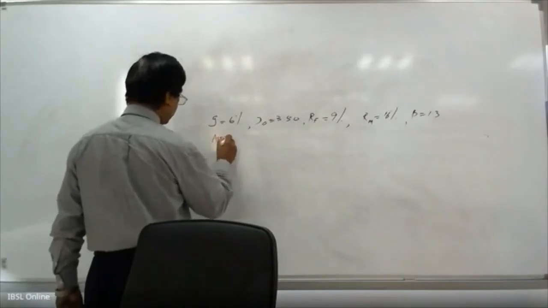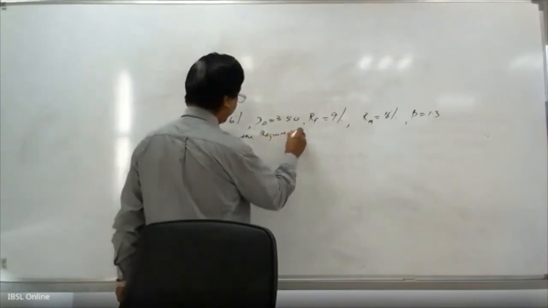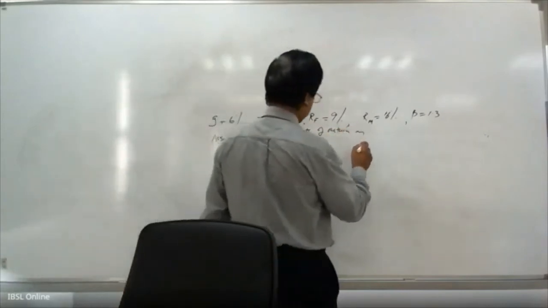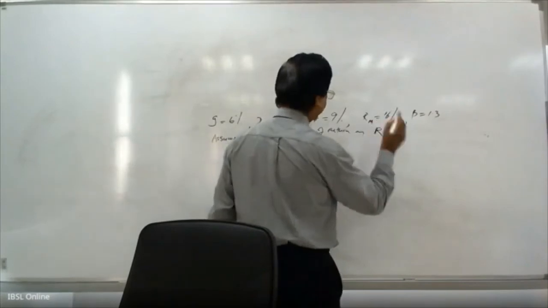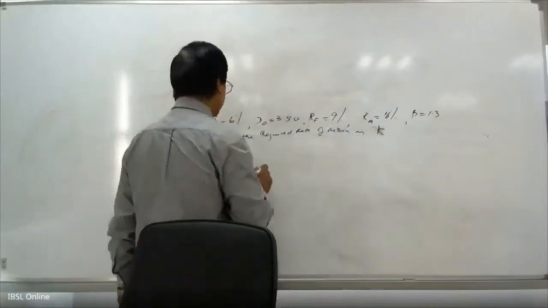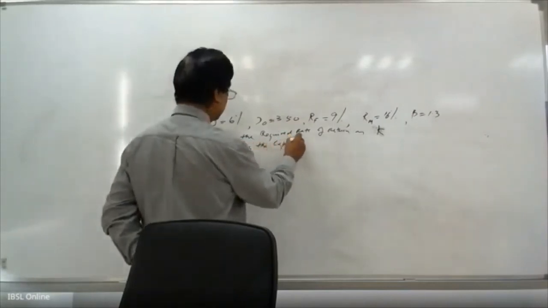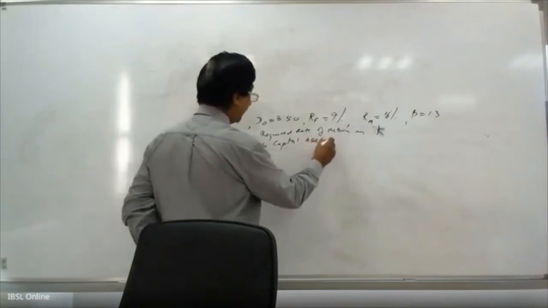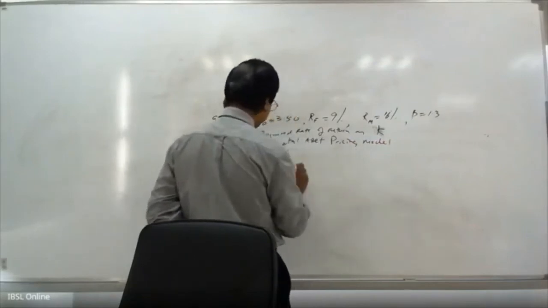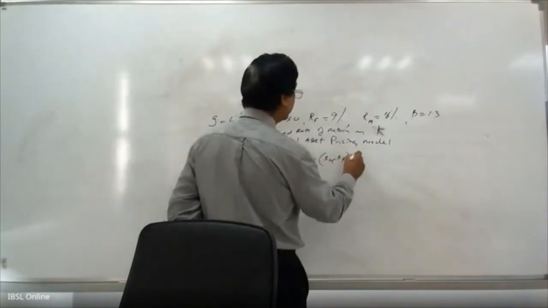So then we can say, assume the required rate of return as R. Okay, we can say K. Then, using the capital asset pricing model, K is equal to RF plus RM minus RF into beta.